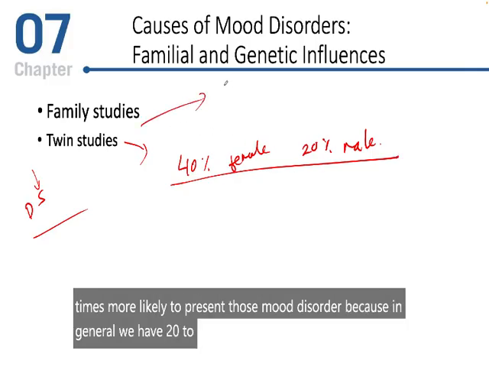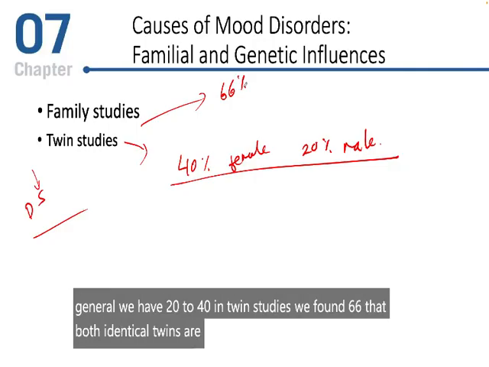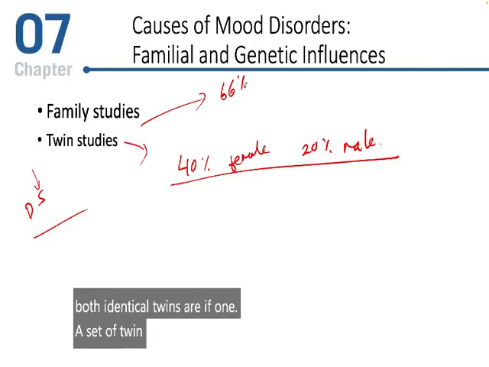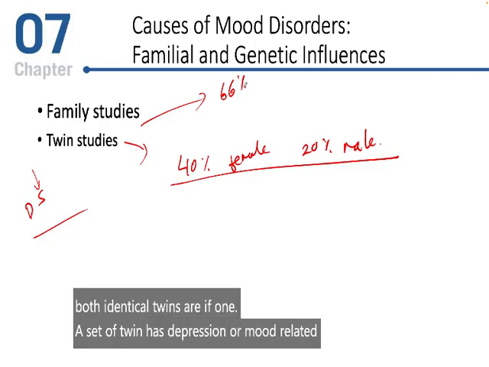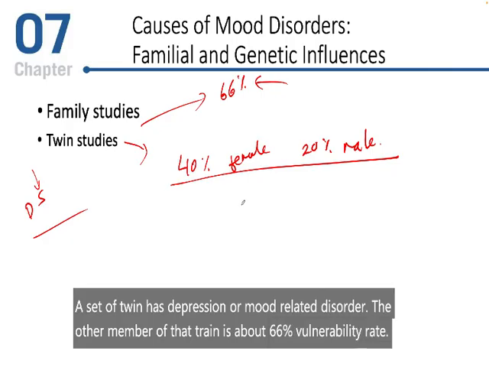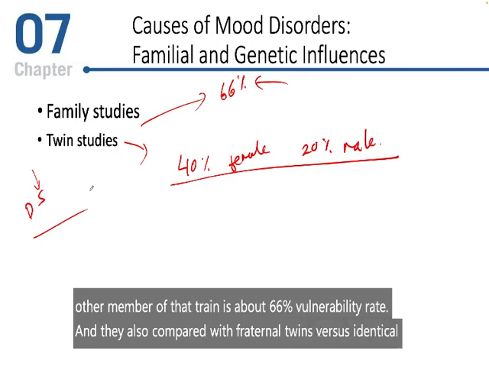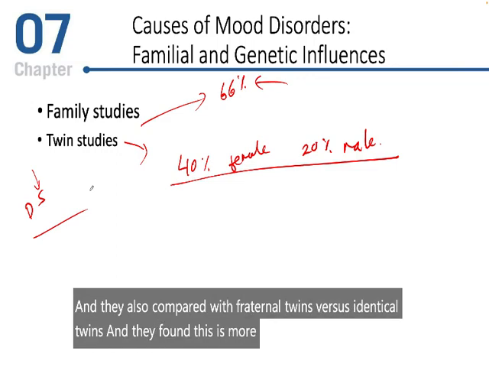In twin studies we found 66%: if one of a set of twins has depression or a mood-related disorder, the other twin has about a 66% vulnerability rate. And they also compared fraternal twins versus identical twins, and they found this is more true of identical twins.